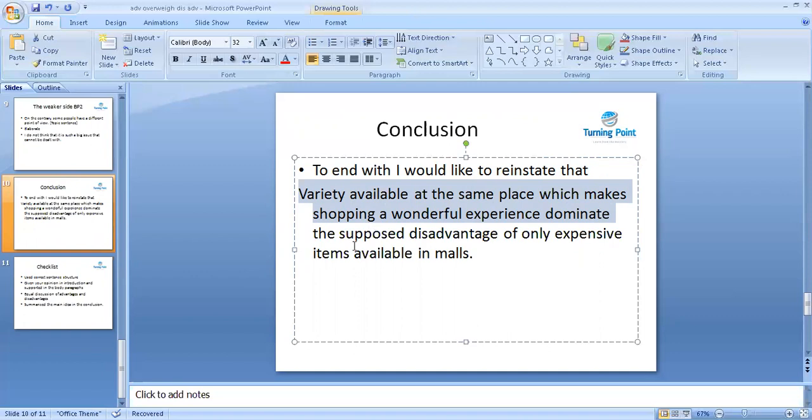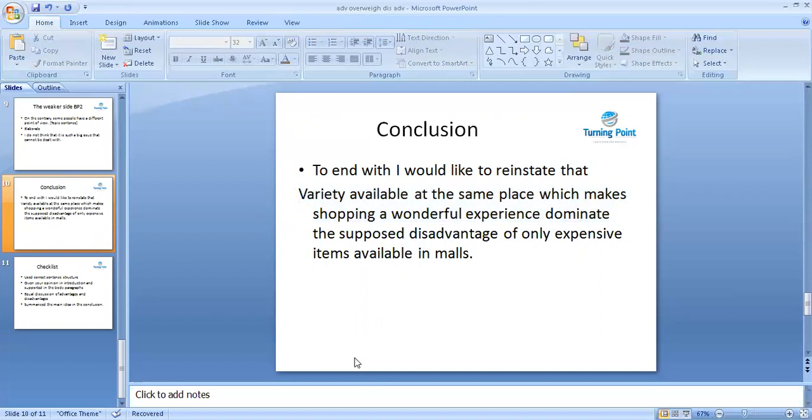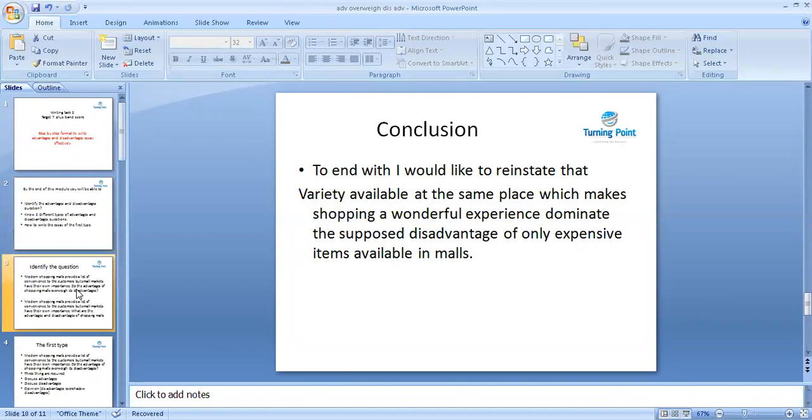I can easily overcome the supposed disadvantage of only expensive items available in the shopping malls. So in this way, we give our opinion and we support our opinion in each and every paragraph which we make.